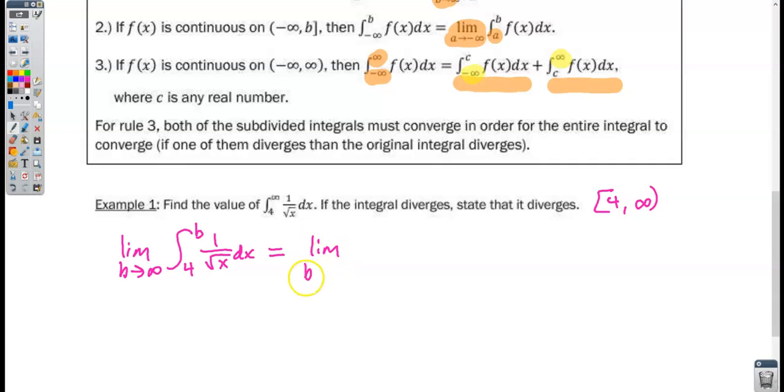So now we're going to take the limit as b goes to infinity of 2 square root of x evaluated from 4 to b. And we're going to evaluate this just like we did any other definite integral in the past. The only thing is instead of having a number up here as the upper limit of integration, we're going to substitute b in, and then we're going to have to take the limit. All right, so now I put b in.